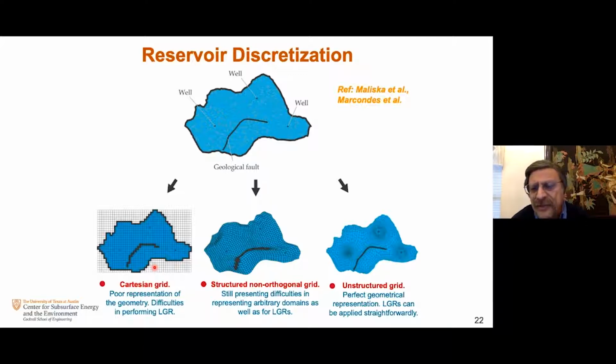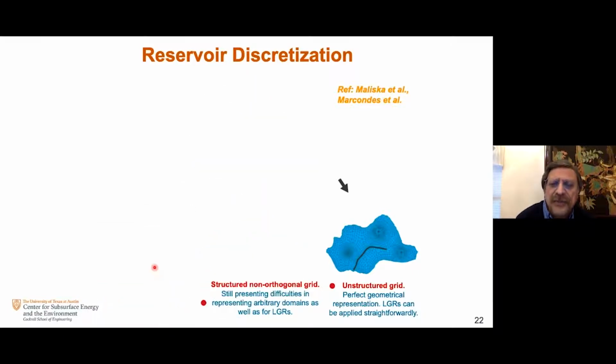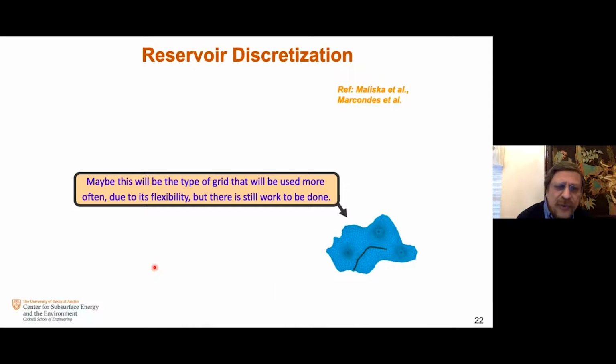And in the area of unstructured grid, you can resolve the boundaries without much problems or any other areas that need to be modeled from a geological perspective. However, these methods work very well for the representation of geometries, but there is grid generation and some of the expense that comes into the picture that needs to be handled accordingly.